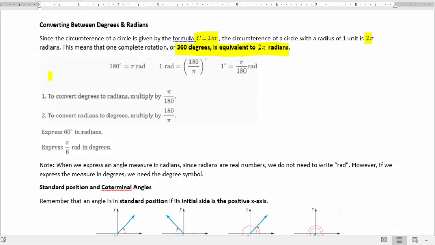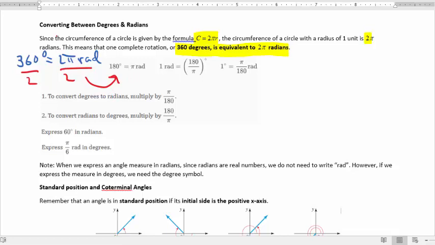And then you can change this around a little bit. If I know that 360 degrees equals 2 pi radians, I can divide both sides by 2, and I would get that 180 degrees equals pi radians.